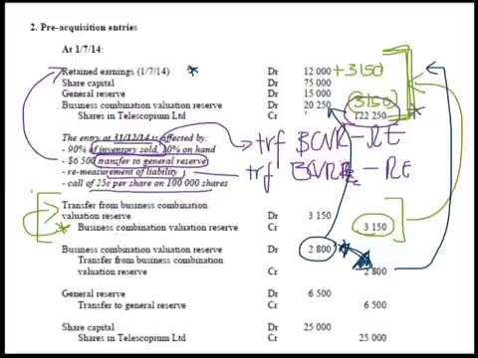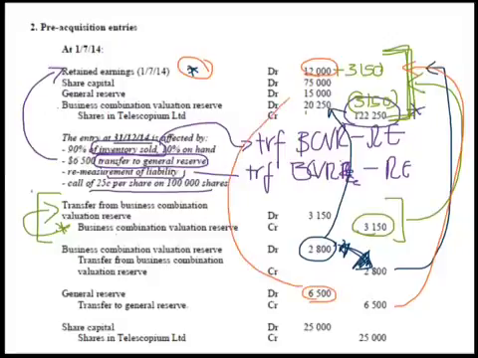The transfer of the general reserve is from retained earnings, so therefore it's a credit to this account, so that it reduces this balance, to the general reserve, which is now a debit, because in terms of this entry it has to increase this balance.